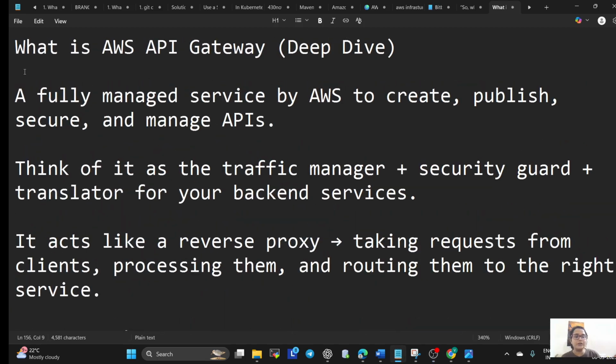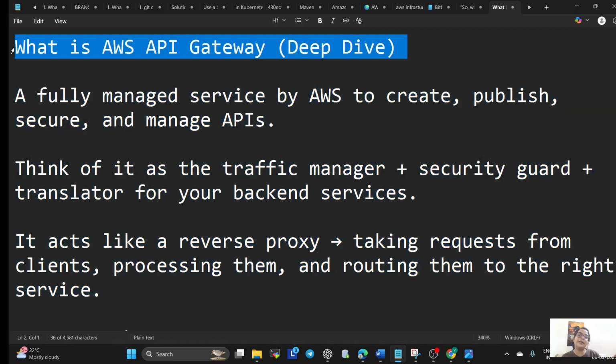So first thing is, what is API Gateway? We'll discuss it in a deep dive. In the introduction itself, I told you technically by taking a real-time example. So now come to the definitions.